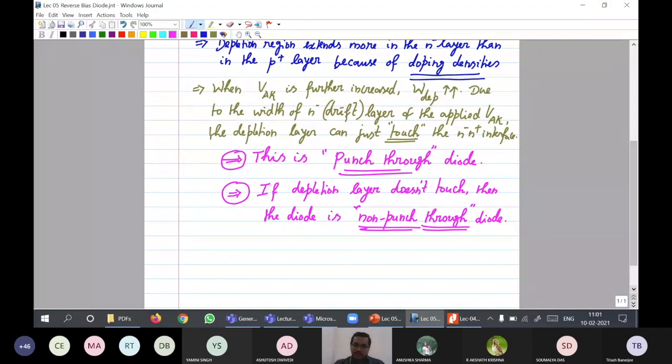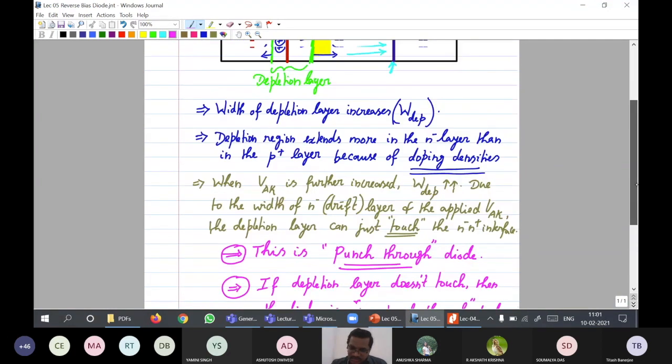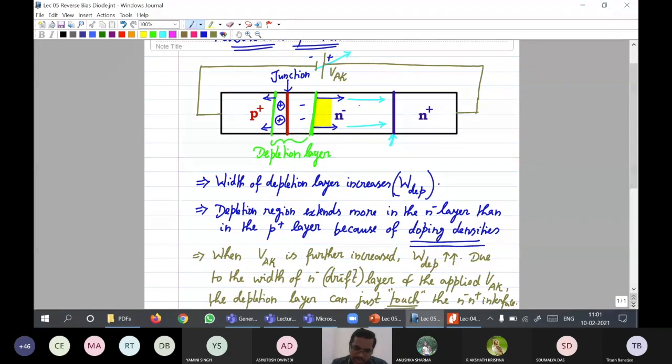So punch through is actually more preferred, because if the user wants to stop the depletion layer somewhere here and doesn't like punch through, then the width of the n minus layer should be made bigger. When the thickness of the n minus layer is increased, the resistance increases, and forward voltage drop again increases.